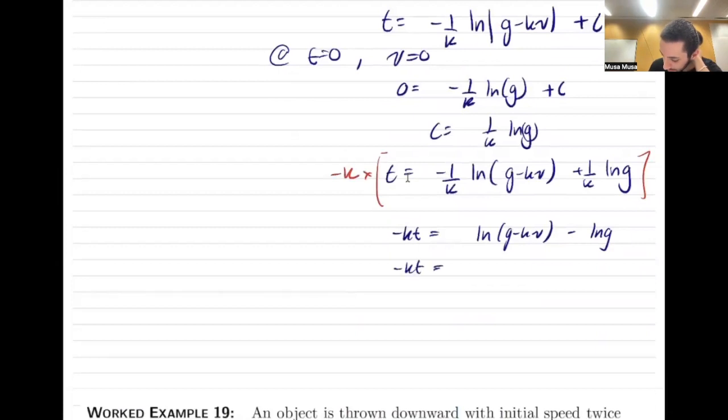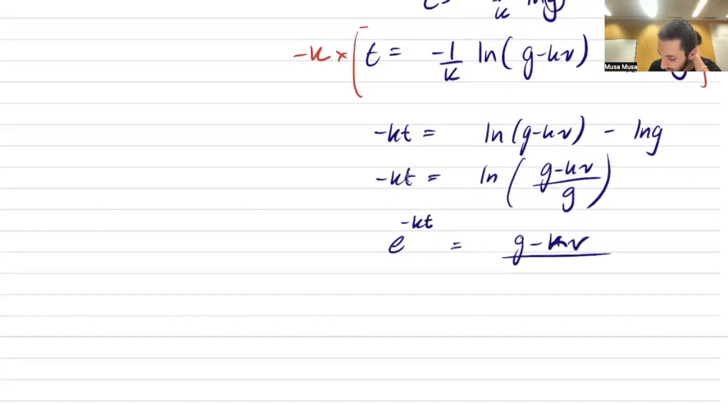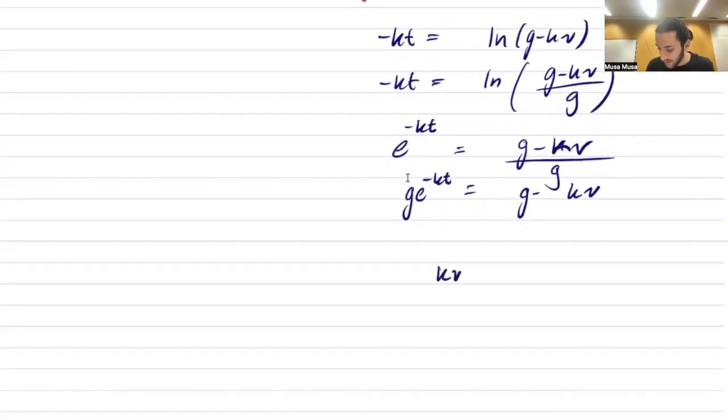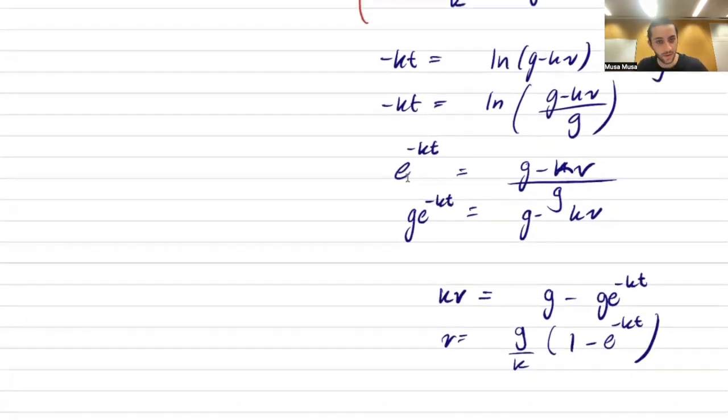Putting this all together, I feel like I'm rushing it, but hopefully I'm not making any mistakes here. e to the negative kt equals g minus kv on g. Multiplying both sides by g, we get g e to the minus kt... I'm saying too many letters. This is not good. Okay, just follow this working. And there you go. Oh, thank God.